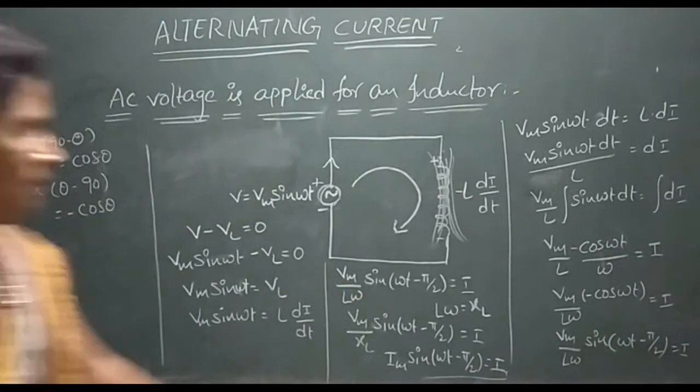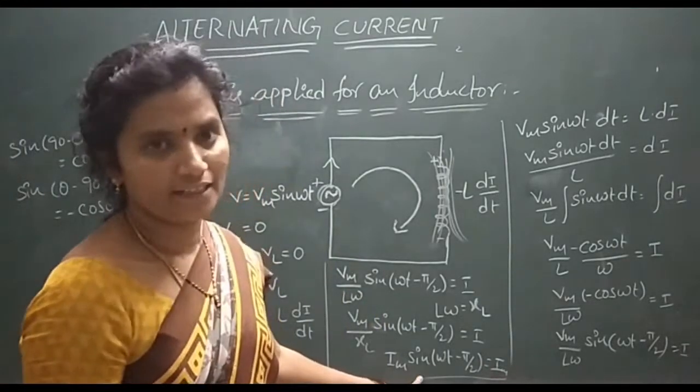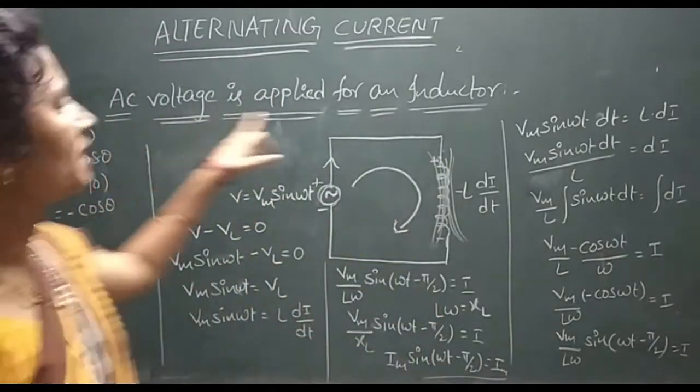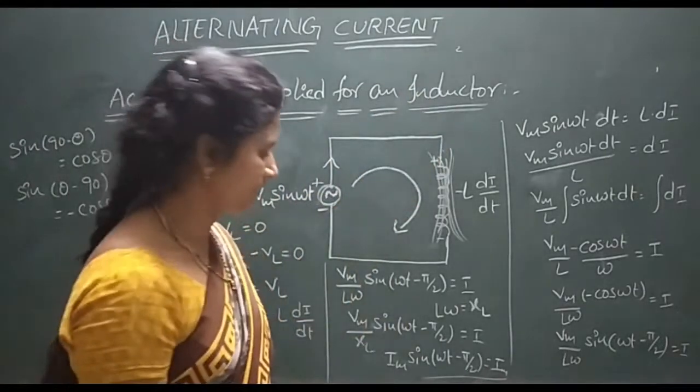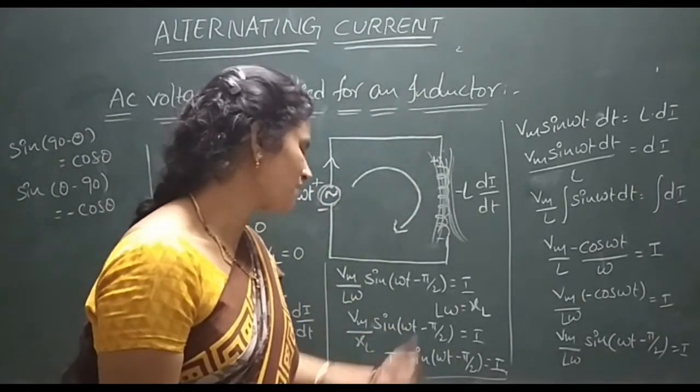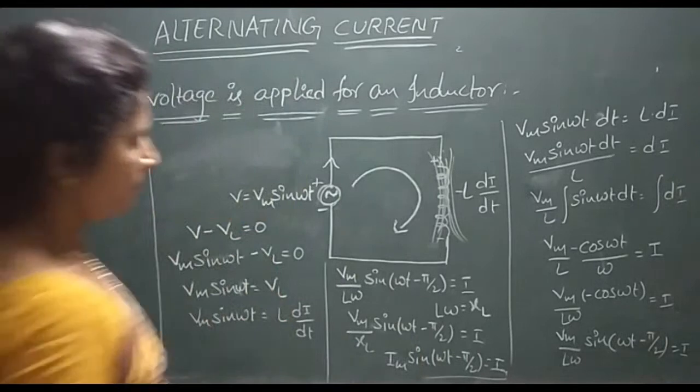So here, this is the current when an AC voltage is applied to an inductor. What is the current? Im sin omega t minus pi by 2.